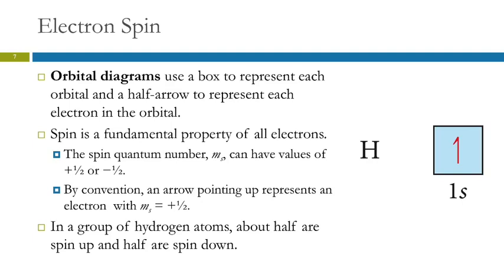We said it could be positive or negative. We can think of it as spin up or spin down. So in an orbital diagram, we show the spin of the electron. An arrow pointing up is spin up, and an arrow pointing down is spin down. If you have a group of hydrogen atoms, about half of them have electrons with positive spin and half with negative spin. Each of those atoms only has 1 electron.